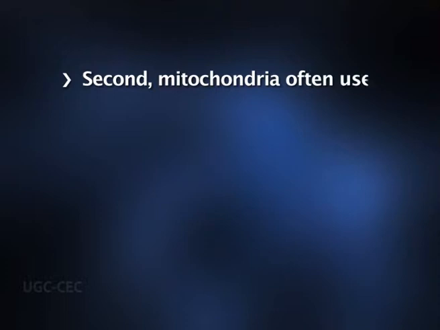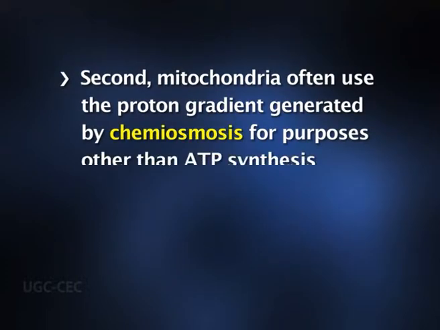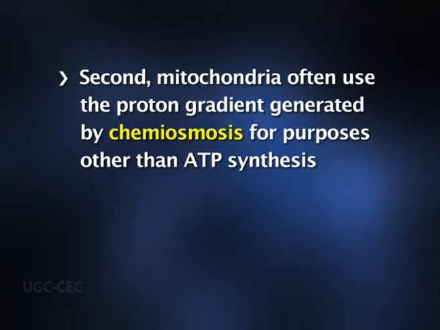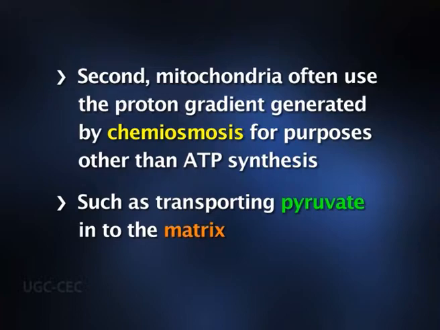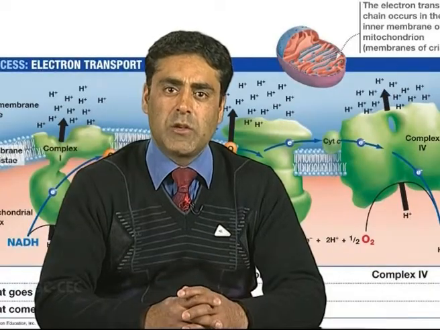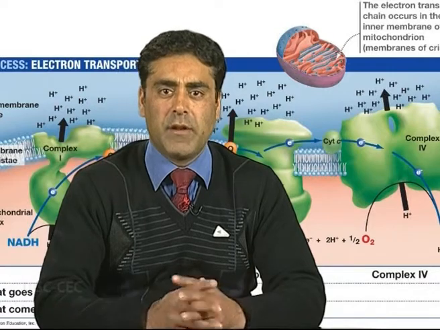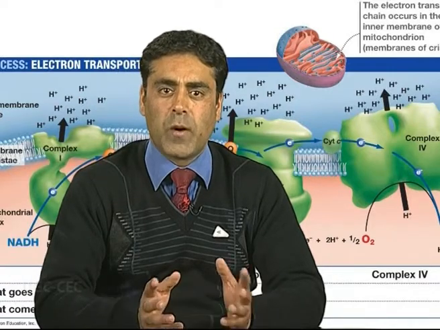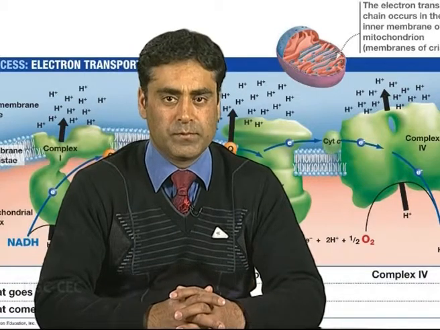Second, mitochondria often use the proton gradient generated by chemiosmosis for purposes other than ATP synthesis, such as transporting pyruvate into the matrix. Consequently, the actual measured values of ATP generated by NADH and FADH2 are closer to 2.5 for each NADH and 1.5 for each FADH2.